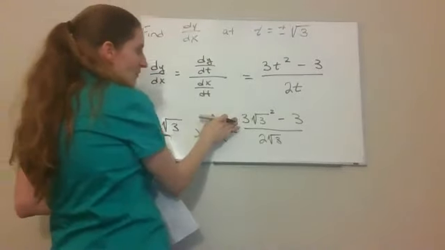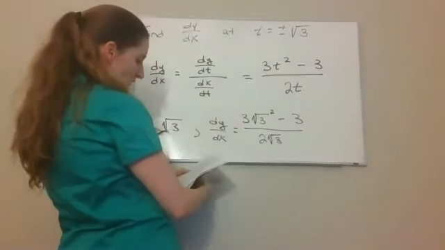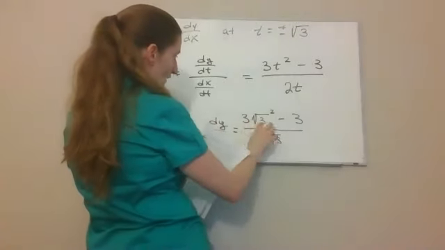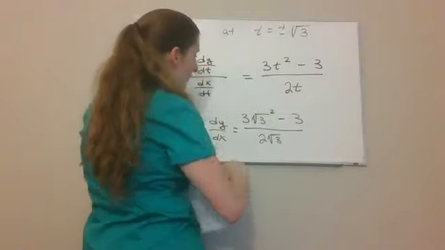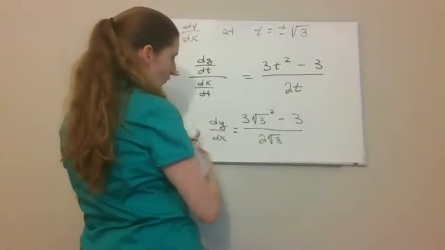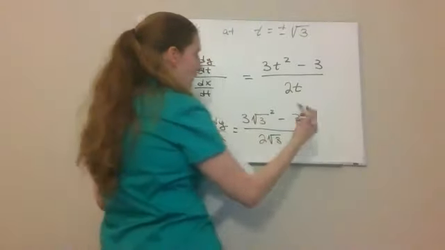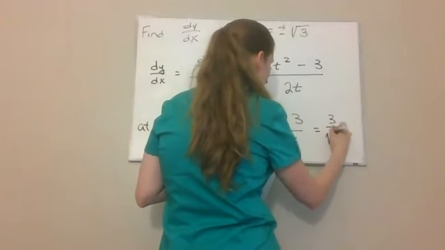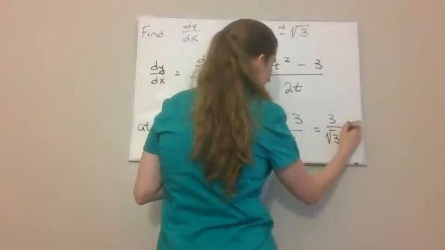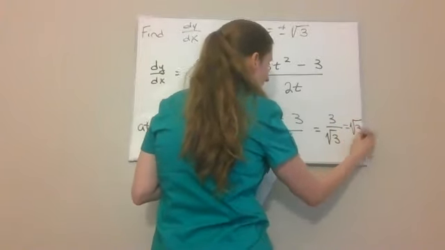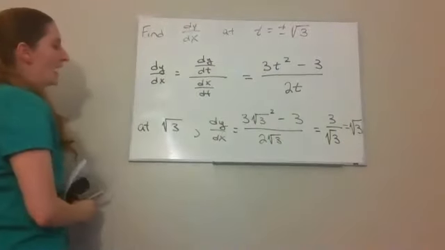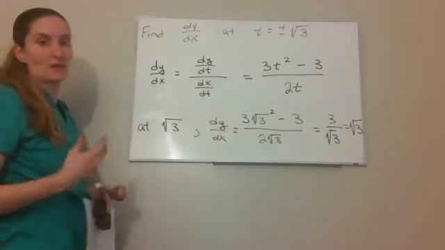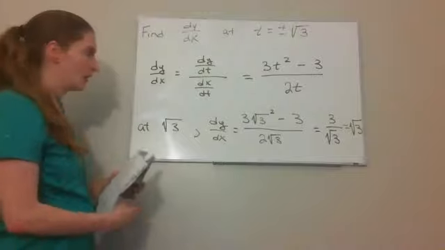So I have 3 times 3 minus 3 over 2 root 3, which simplifies to 3 over square root 3, the same thing as square root of 3. So at positive root 3, the slope of my tangent line is positive square root 3.